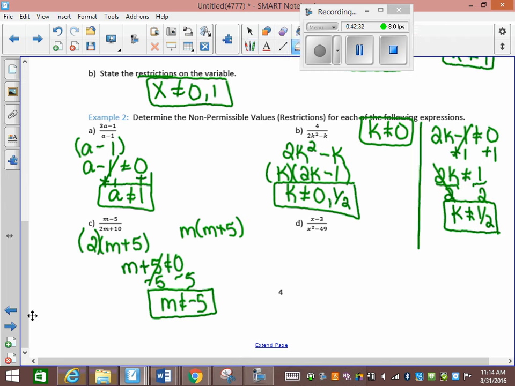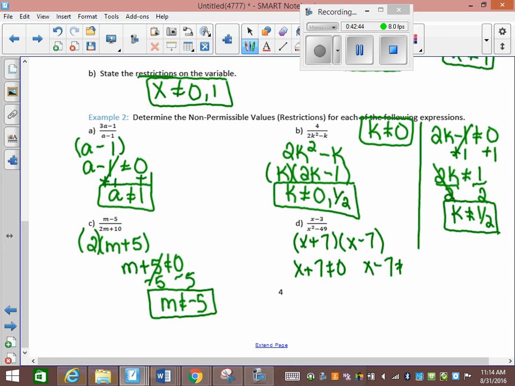Okay. This is the difference of squares. So I get x plus 7, x minus 7. So x plus 7 can't equal 0. X minus 7 can't equal 0. X can't equal negative 7, you move the 7 over. X can't equal positive 7, you move the 7 over. So you get x can't equal plus or minus 7.